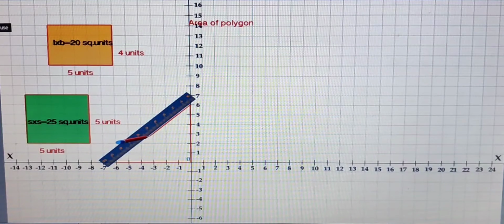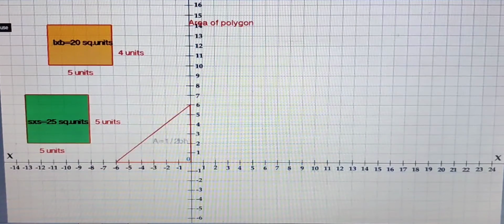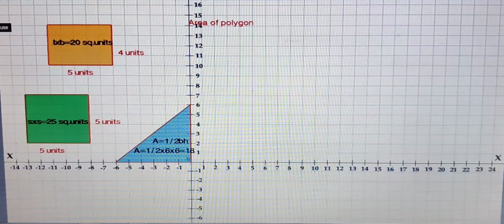The area of a right triangle is 1 by 2 base into height. The base is 6 units and height is 6 units. 1 by 2, 6 into 6, it is 18 square units.